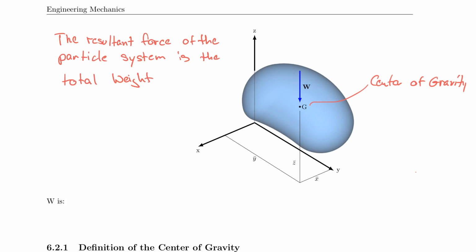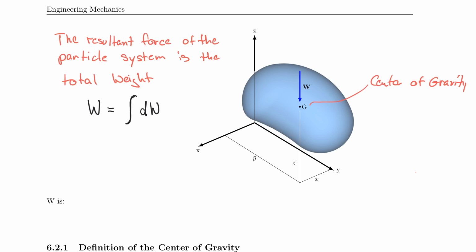But a mathematician would never say it that way. A mathematician would probably say that W, which is given in the picture that you see here, is equal to the summation. And if we have infinitely small particles, then we need to use the fancy way to sum. So we're going to use the integral. So the summation of all dW's.